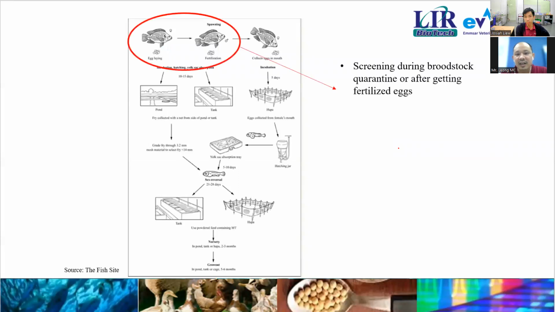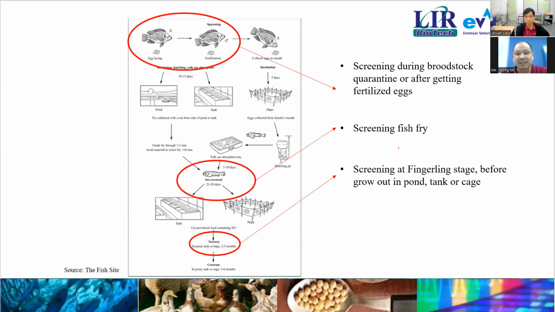So how does this happen across the whole chain of the culturing period? After the fish spawn, we have the fertilized eggs. We can perform screening on the broodstock during their quarantine period, and on the fertilized eggs, to know whether they are disease free or not.